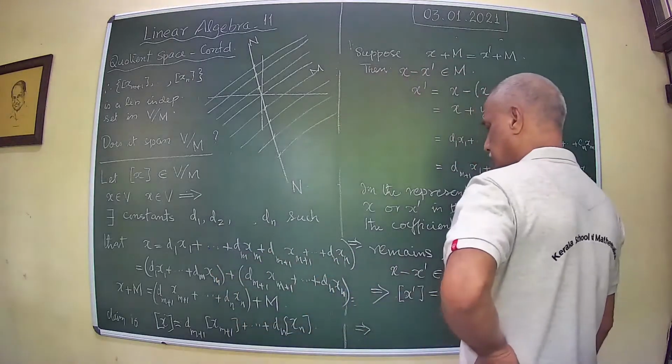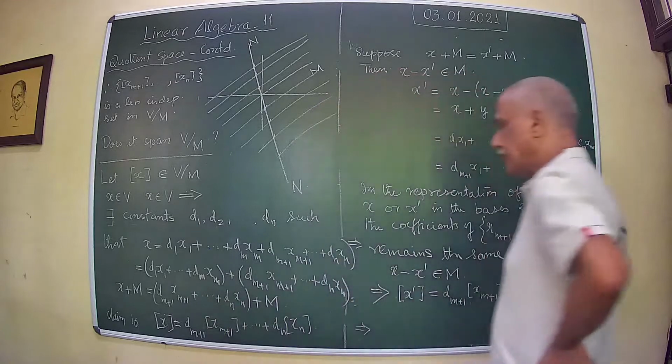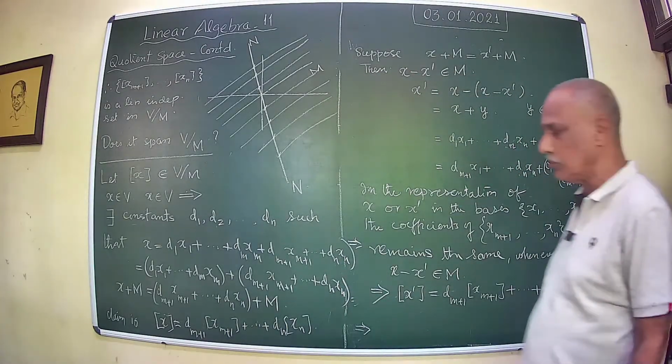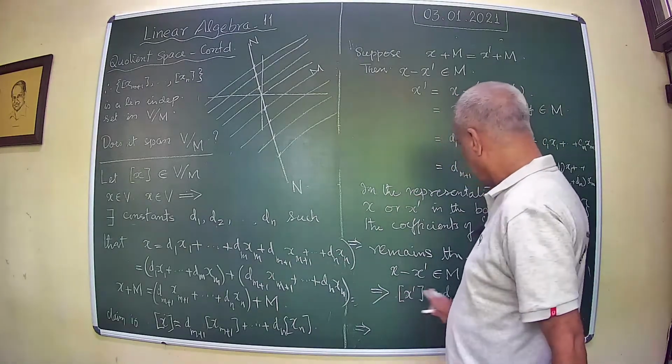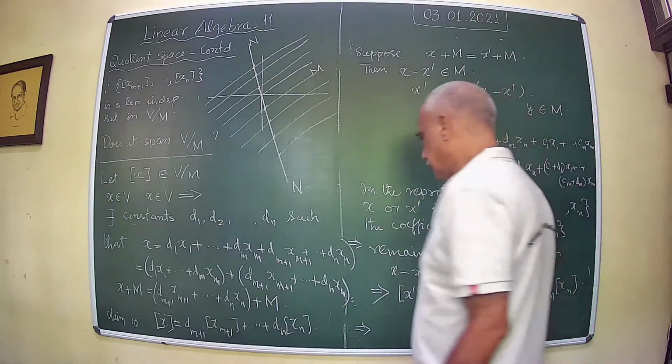Which implies that the representation of x, whether you use x or x prime to write it up, you always get the same representation.